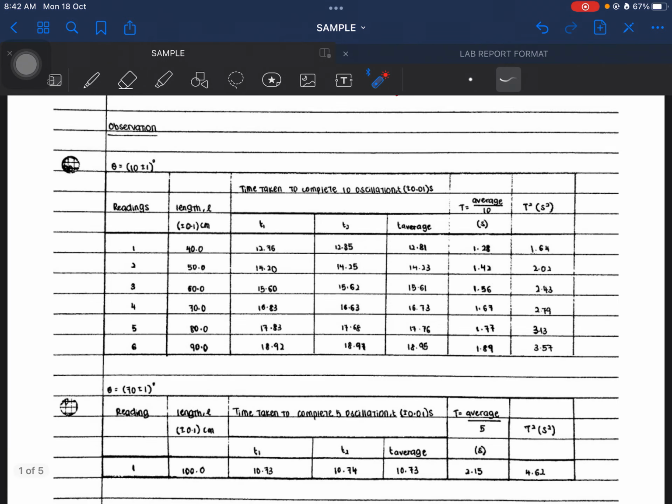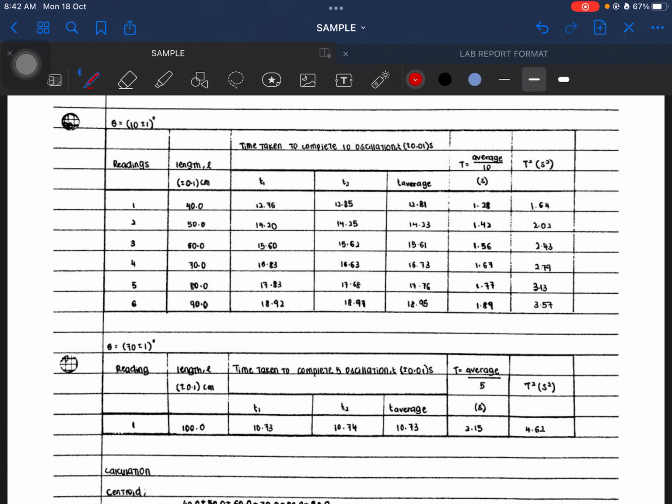Alright, let's look at the sample. In the observation, we first look at the angle. She is using 10 degrees plus minus 1 degree. I will also accept it when you write it like this. Then we look at the table. We have the length, correct, with correct sensitivity, and this one is also correct. Then we have the period, and this one as a square.